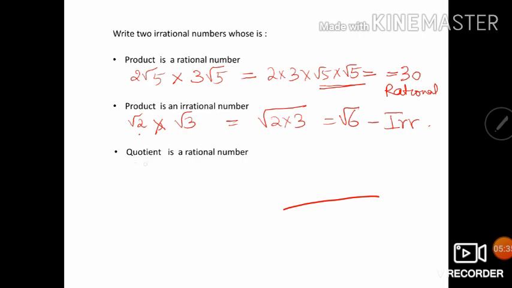Write two numbers such that their quotient is a rational number. Let's choose 5 root 3 as one number and the other number be root 3. When we find the quotient, we divide one number by the other. So 5 root 3 divided by root 3 will be 5, and that is a rational number.